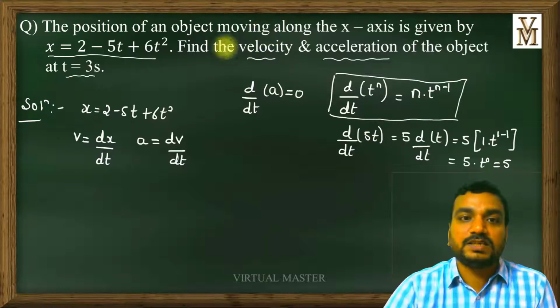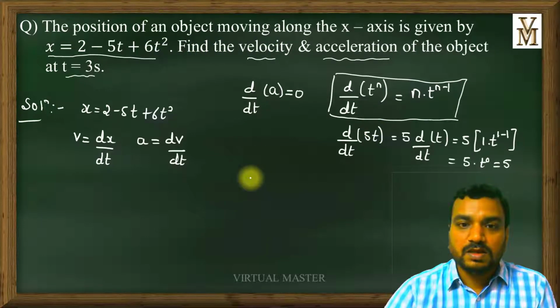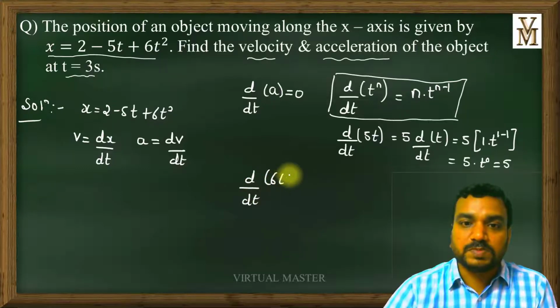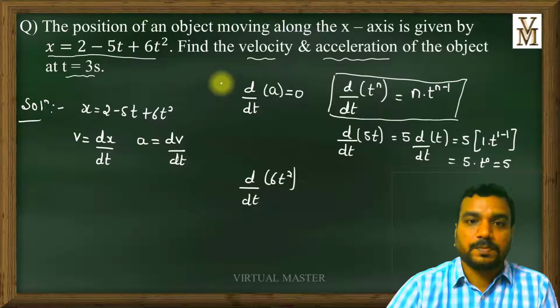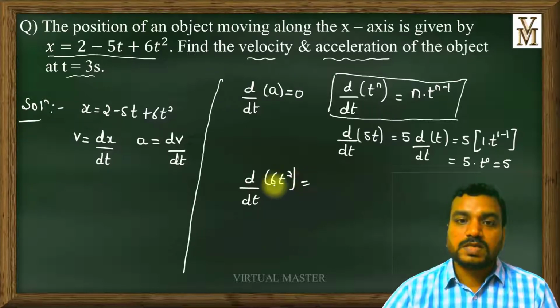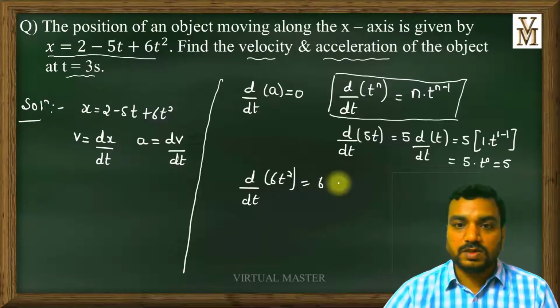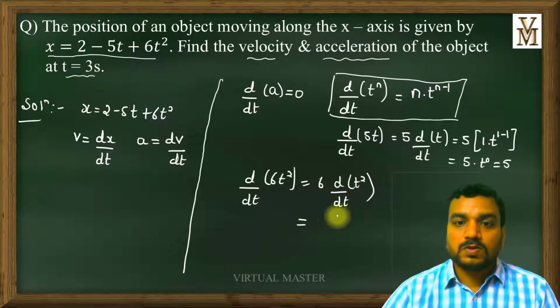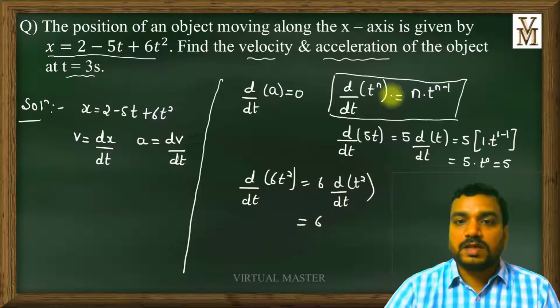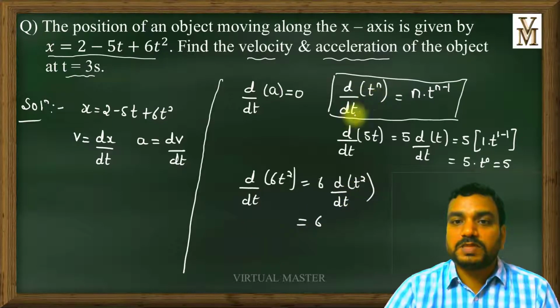Now let us differentiate 6t². Differentiation of 6t² with respect to t. Now what will I do? 6 is a constant, right? I will write it outside: 6 times the differentiation of t². Now the formula is that the differentiation of t^n with respect to t is n t^(n−1). In this case n is equal to 2, right?